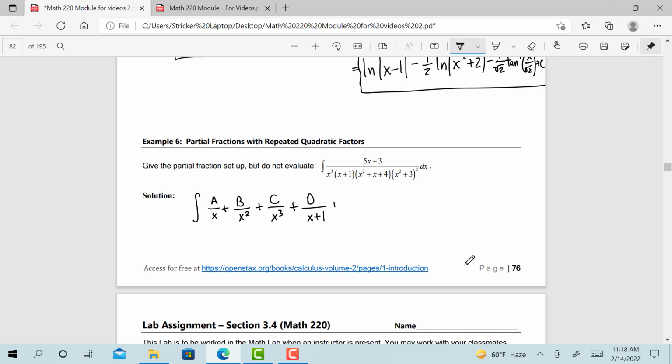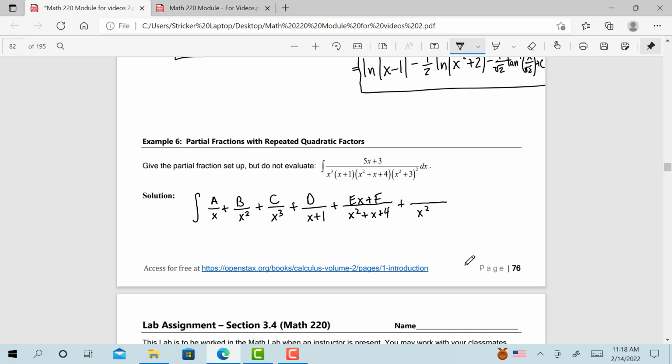What about the next one? Our denominator is x squared plus x plus 4. That's an irreducible quadratic factor, which means we're going to have a linear expression on the top, which is going to be ex plus f. We're just moving along through the alphabet. And then we also have another irreducible quadratic factor in x squared plus 3, but that is squared, so that requires 2 more terms.